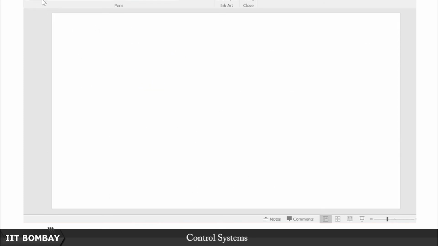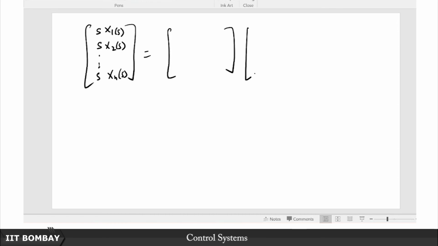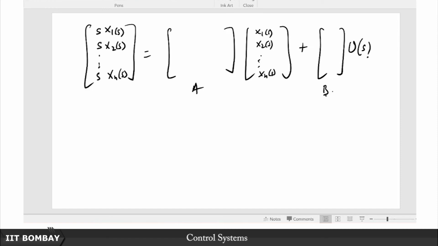We have this s X1(s), s X2(s), these are all the transformed variables till s Xn(s), is equal to this A matrix times X1(s), X2(s), dot dot dot till Xn(s), plus again this B matrix. So this is the A matrix, this is the B matrix, and the input also gets transformed. It is a scalar, so this is just a Laplace transform of u.